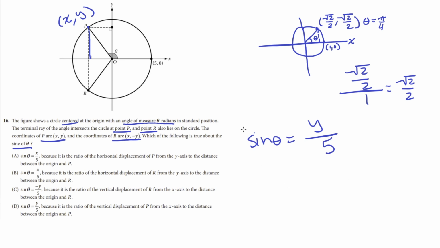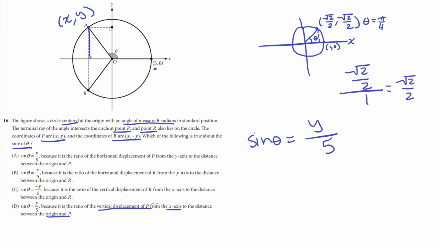So in this larger unit circle where the unit is actually just 5, sine theta is equal to y over 5, because it is the ratio of the vertical displacement of P from the x-axis to the distance between the origin and P.